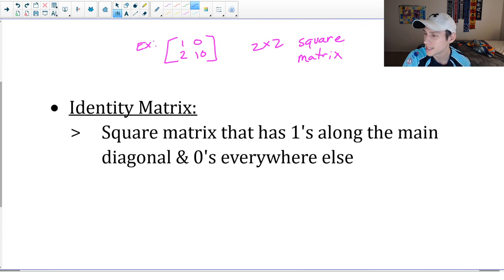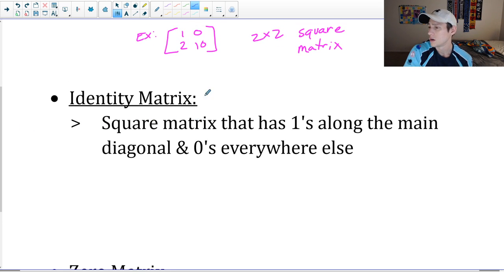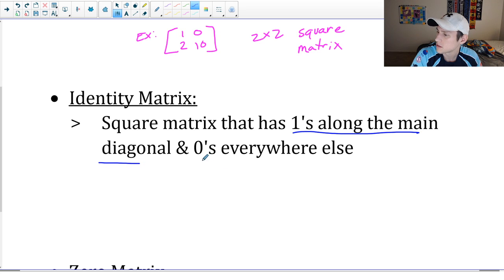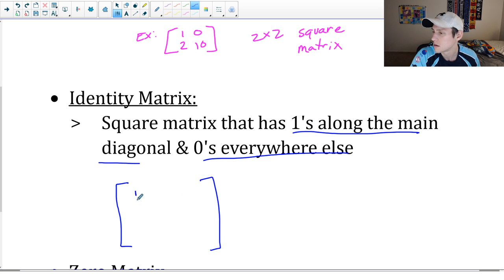We also have the identity matrix, which is a square matrix that has ones along the main diagonal and zeros everywhere else. So what does that look like? Well, it looks like this. Right?